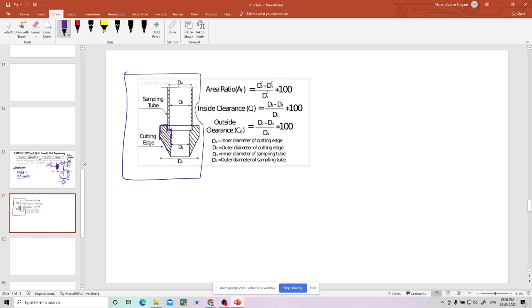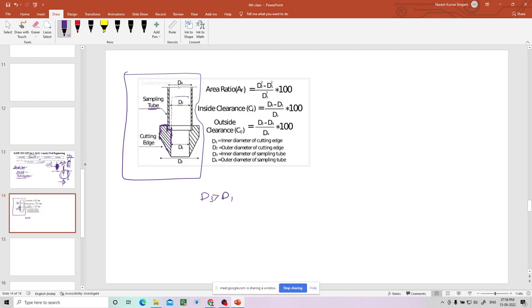If you see the inside diameter, this is D1, the inside diameter of the cutting edge, whereas this is the inside diameter of the sampling tube, D3. If you observe, D3 is more than D1. Why? When the sample enters here and goes above this, it will stand like this.